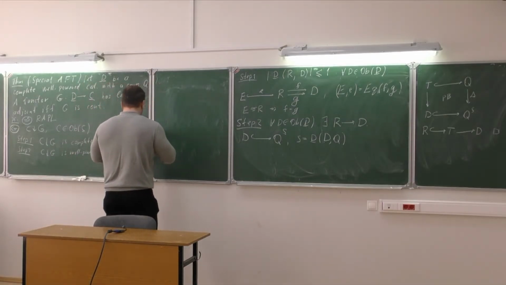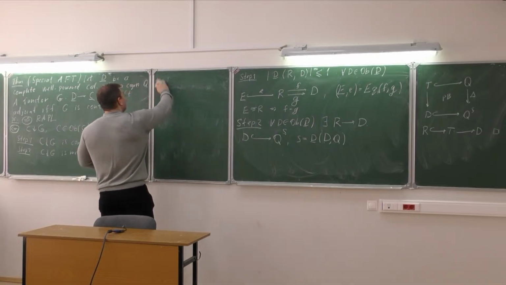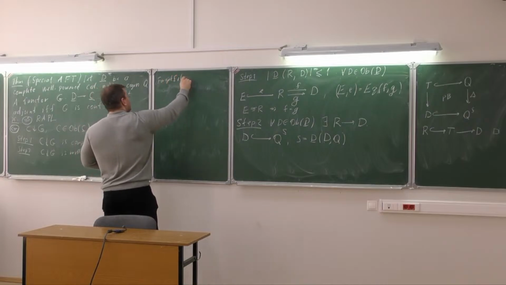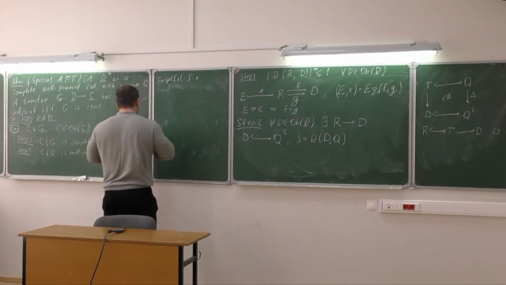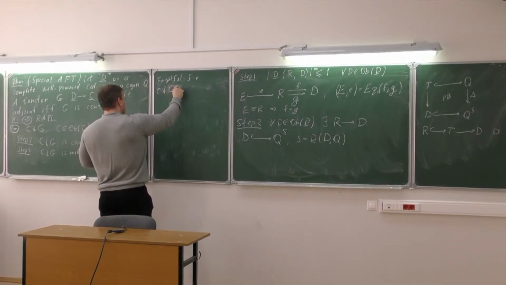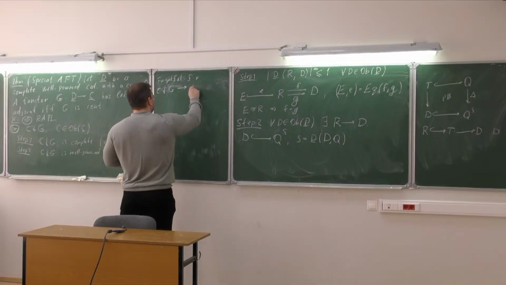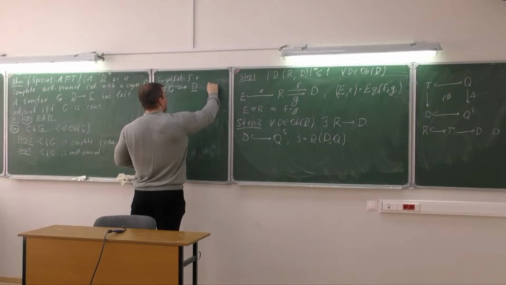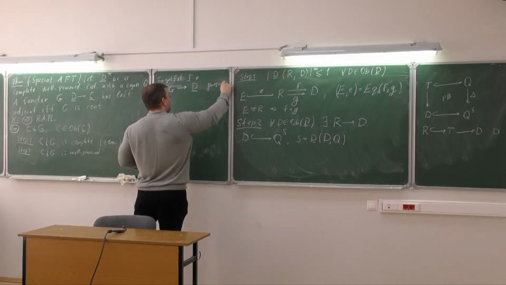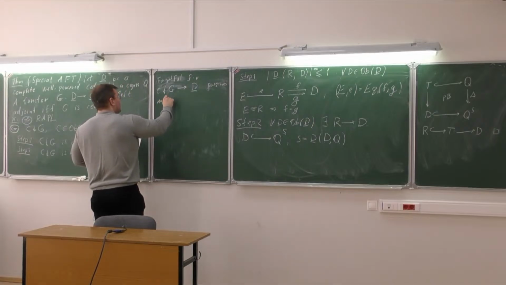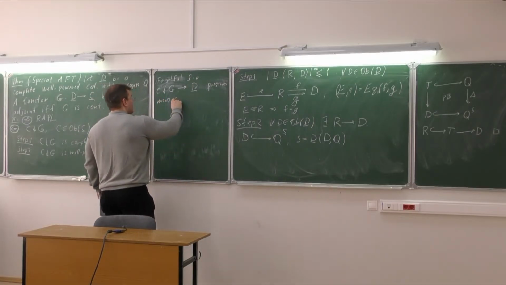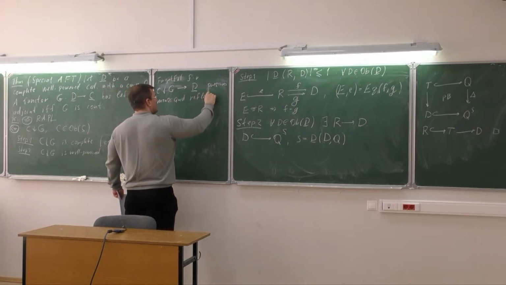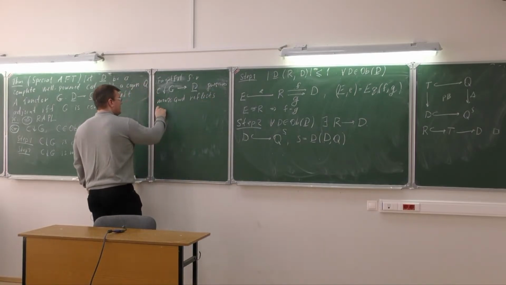The statement is that the forgetful functor from the comma category to the category D preserves monomorphisms, and sometimes this is what is called reflects monomorphisms.